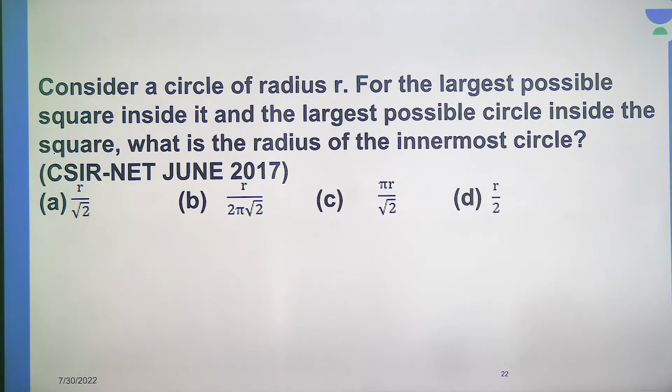Some of you got option A. Let's see, all of you try. If you're not getting it, you can mention that so that I will start explaining.